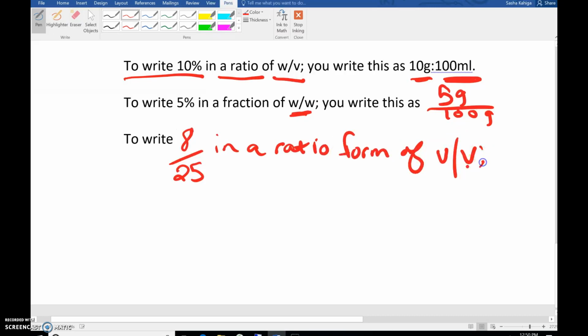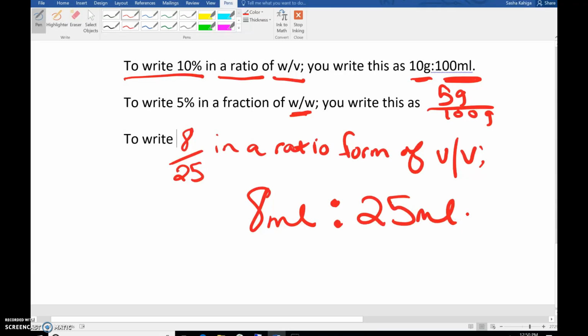How would you rewrite that? Well, you'll rewrite the fraction 8 over 25. If it has to be volume to volume, it should be 8 milliliters to 25 milliliters.